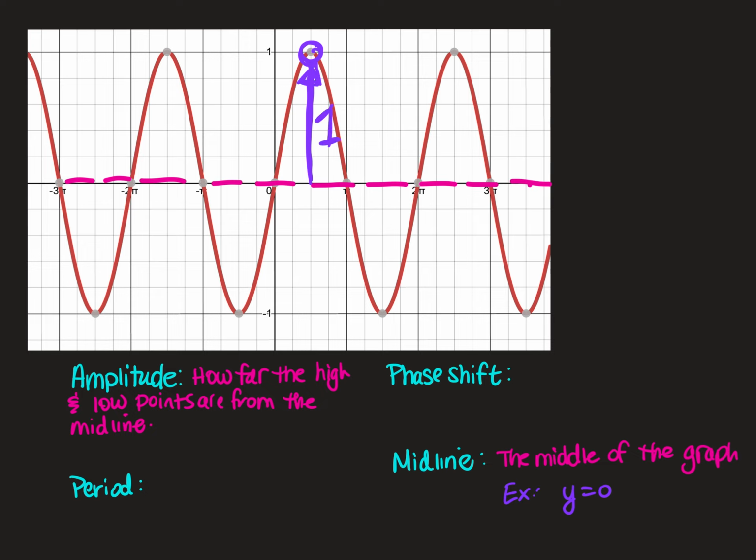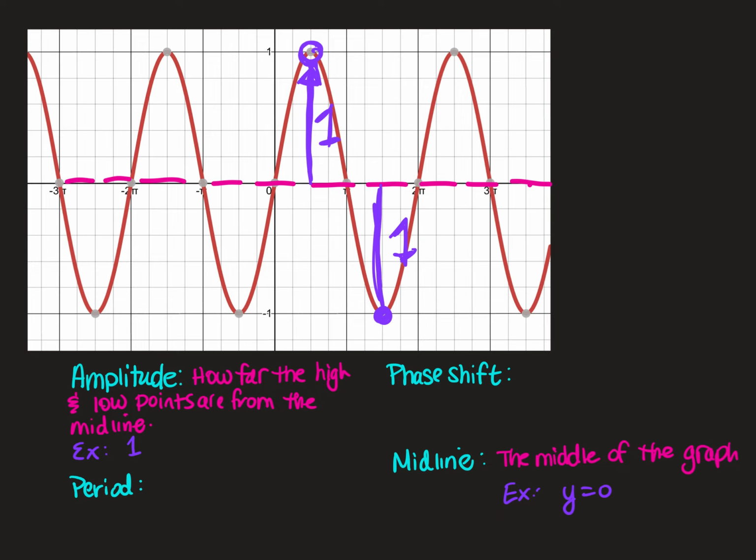Now, because we're looking at the middle line of the graph and we're comparing our highest and lowest to that, whether you look at your high point or your low point, it'll be the same. So for example, if you picked this low point, it's still going to be 1 below. That unit is just 1 there. So in our example, our amplitude is 1.